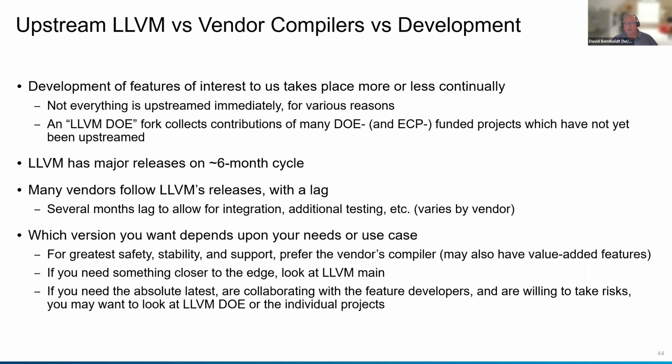For the most part, if you want the greatest safety and stability and support, you probably should prefer the vendors' compilers. They tend to have value-added features for their particular hardware. If you need something that's closer to the edge of development, look at LLVM main or look at the DOE fork, or DOE branch, of LLVM that collects a bunch of contributions from the ECP community.